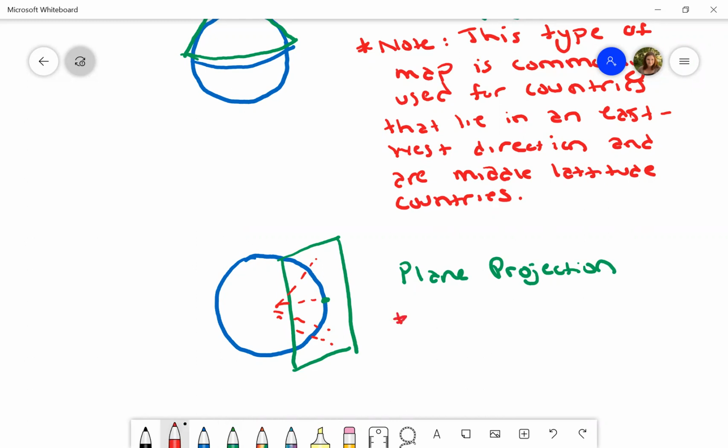So what it distorts, it's uniformly distorting as it's projecting.